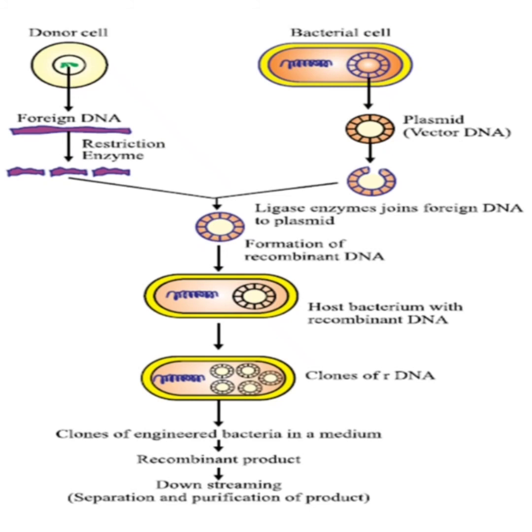The ligase enzyme is used, which helps in the insertion of the foreign DNA into the plasmid, and the recombinant DNA is introduced into the E. coli cell. This helps in further development and multiplication of the clones of the recombinant DNA, and the clones of engineered bacteria are produced in a medium and the recombinant product is obtained. Downstream processing is done, where the separation and purification of the product is done.